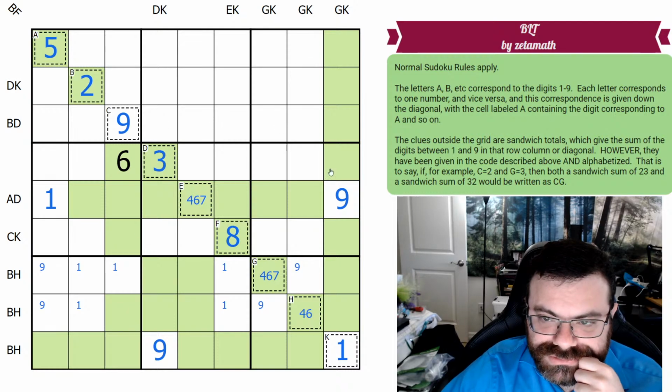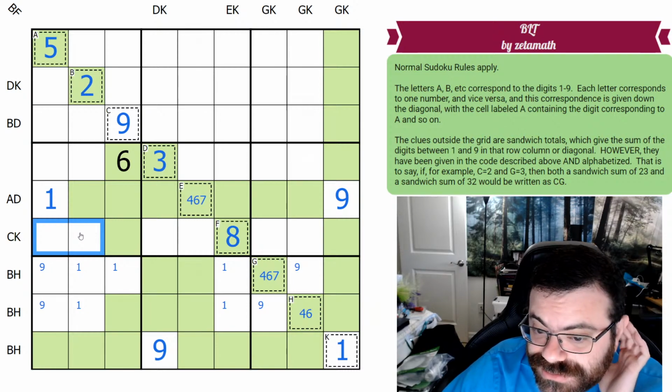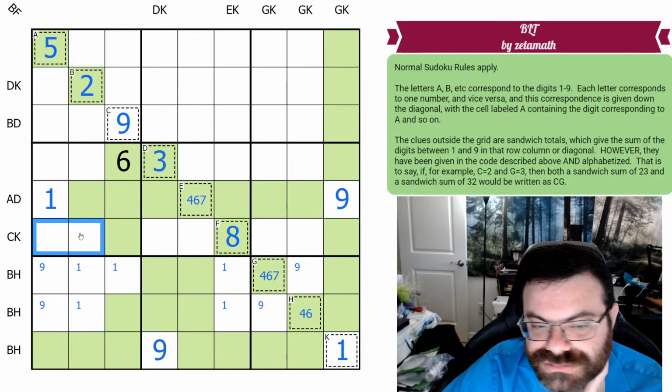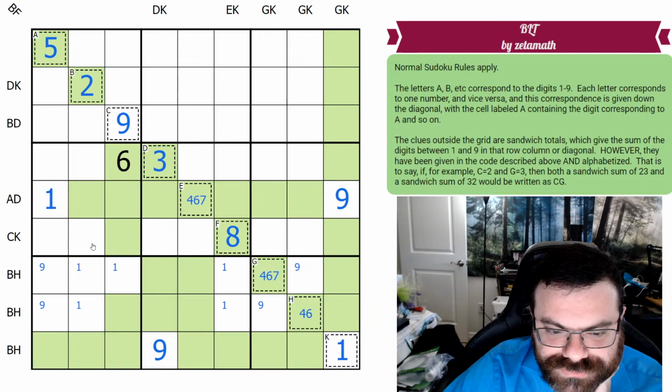Okay, is there a clue we can use that's useful here? CK is in the teens. Oh, it's 19. CK is 19. So I need at least 3 cells for that.